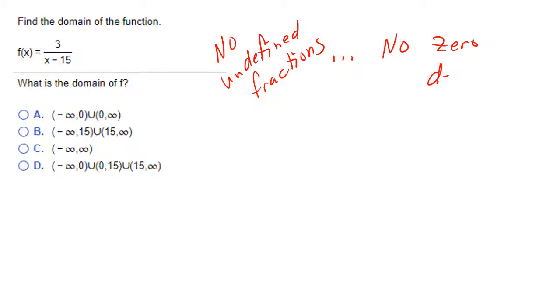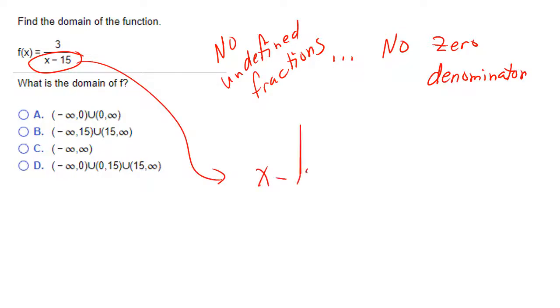So we want no 0 denominator. What we will do is we take the denominator, x minus 15, and we put that not equal to 0. Now I solve for x. I would add 15 to both sides, so x is not equal to positive 15.